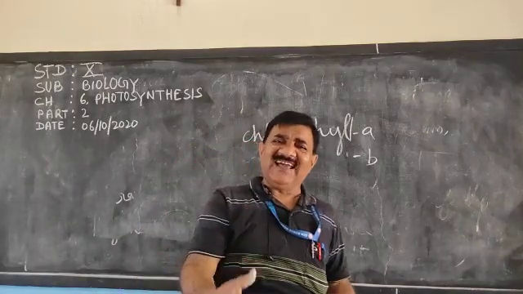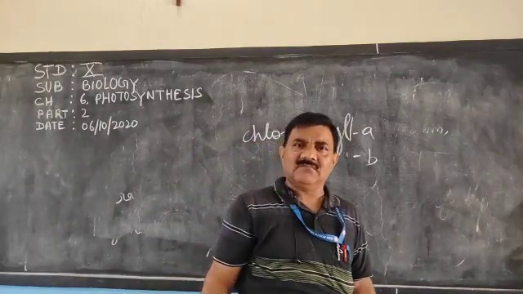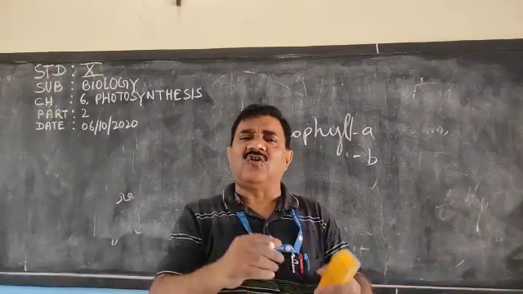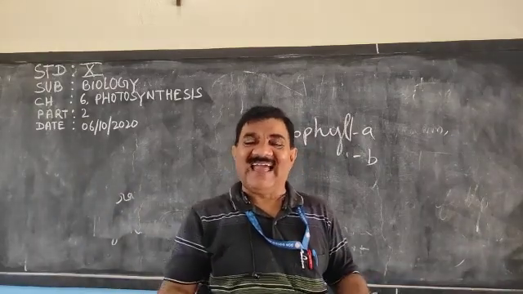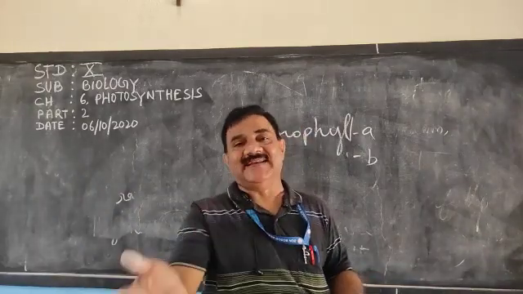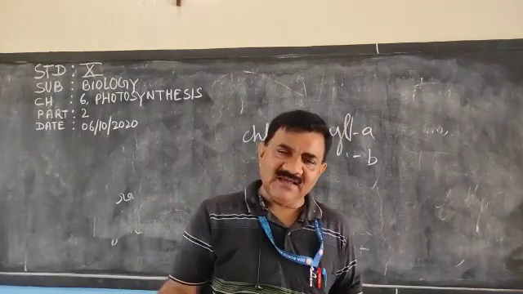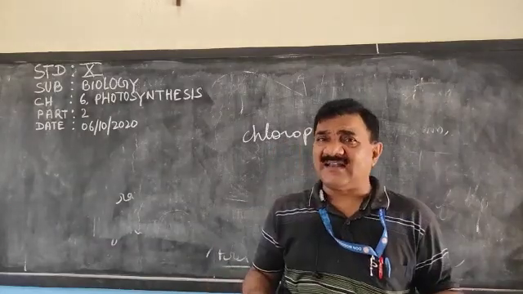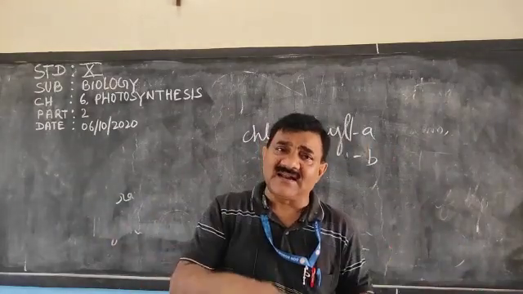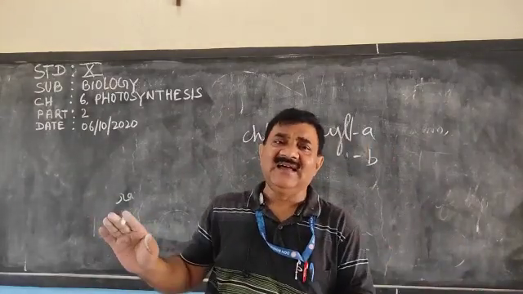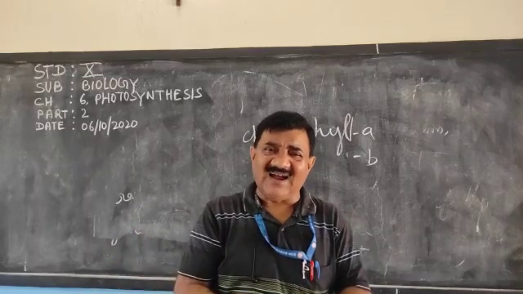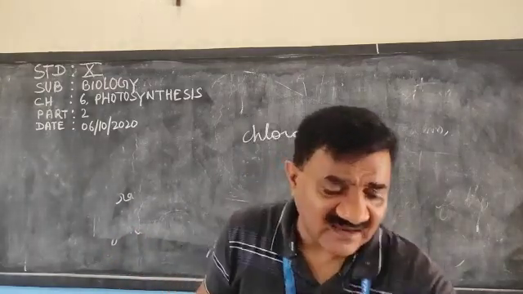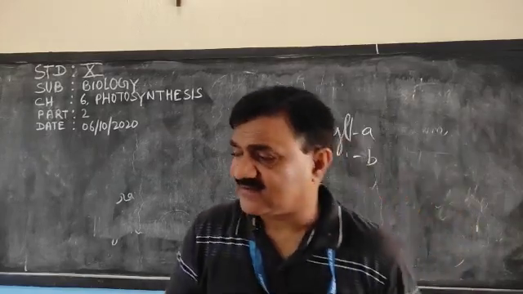And why does chlorophyll appear green? Because it absorbs all other light and reflects only the green color. Very clear? If anything is appearing red, it means it is absorbing other colors and reflecting the red color. Other colors means what? How many colors are there? From where do these colors come?